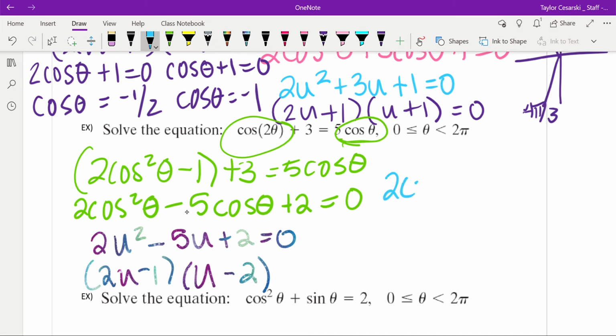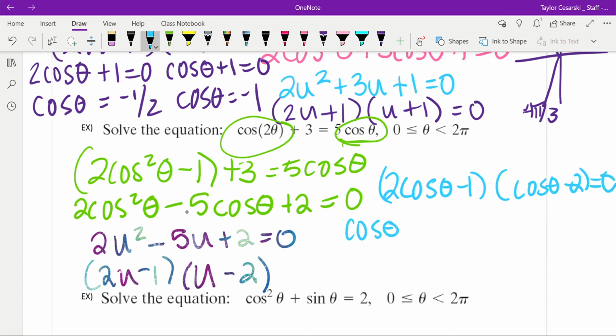I get 2 cosine of theta minus 1 and cosine of theta minus 2 equals 0. When I set each of these equal to 0, I get cosine of theta equals 1/2 and cosine of theta equals 2. Now I'm actually going to start on the right here with cosine of theta equals 2.